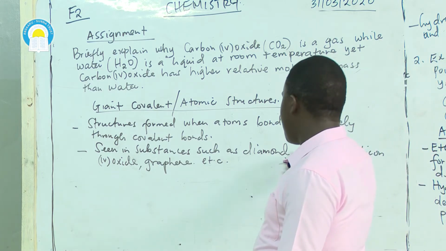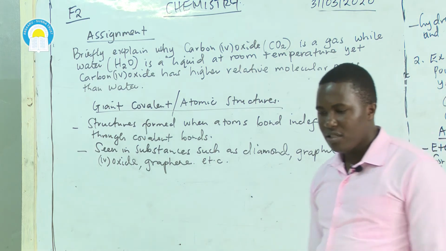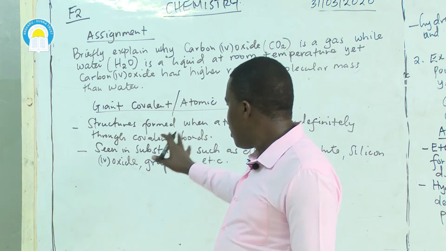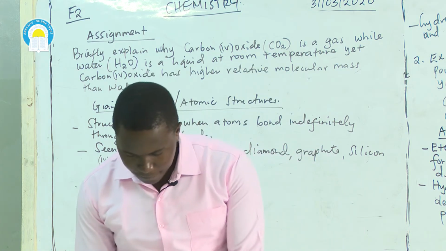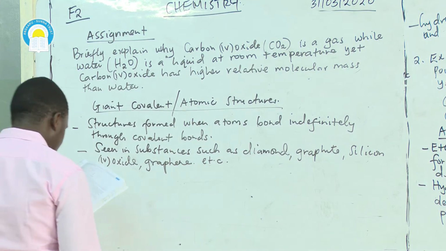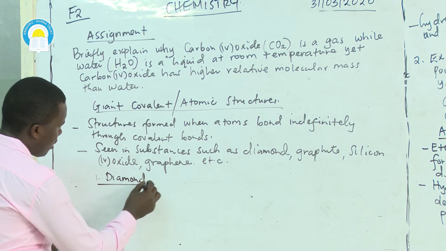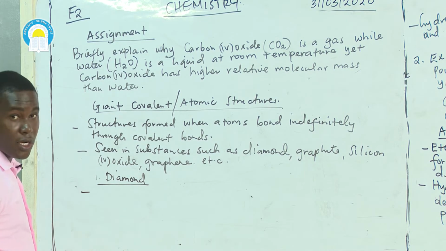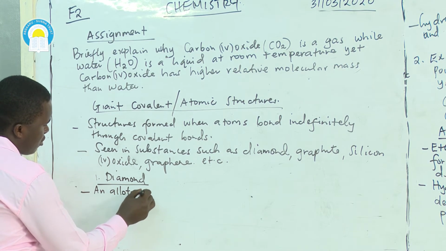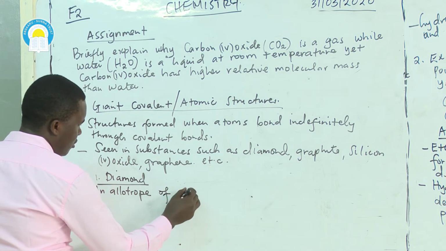So in all these structures, the atoms forming the structures are all covalently bonded. There is no intermolecular force of attraction in all those structures. So when, for example, we take diamond, one thing about diamond is that it is an allotrope of carbon.